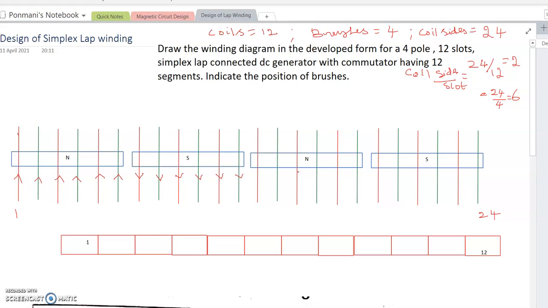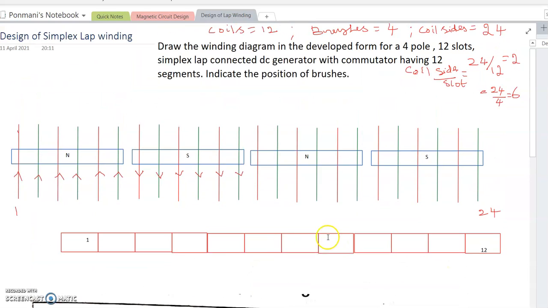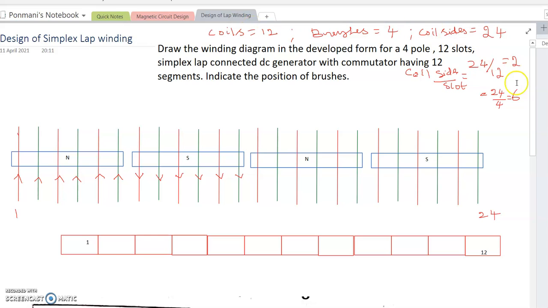And then we have to calculate the top coil side front connection and back connection, and do the winding calculation. For that we have to calculate the winding pitch. First, with the given data, you have to calculate the number of coil sides per slot and coil sides per pole.